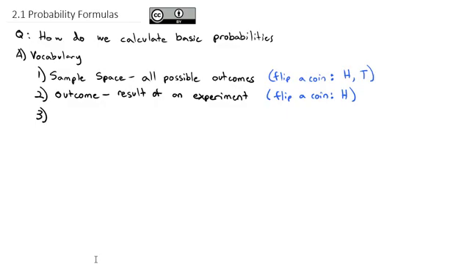When we're looking at the number of outcomes that occur in a sample space, what we're really interested in finding is some type of probability, or the chance that an event will occur.